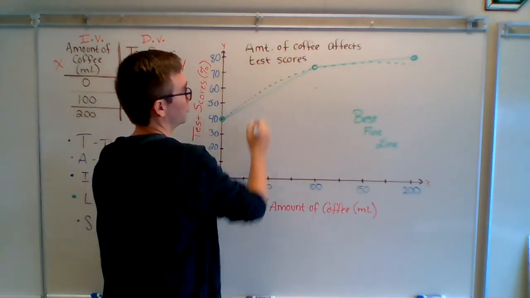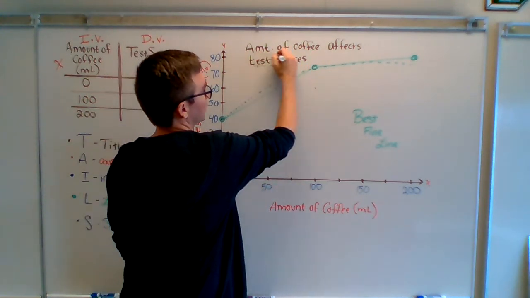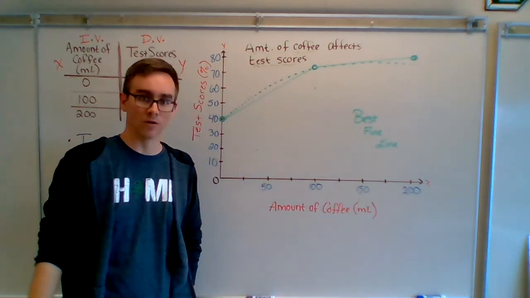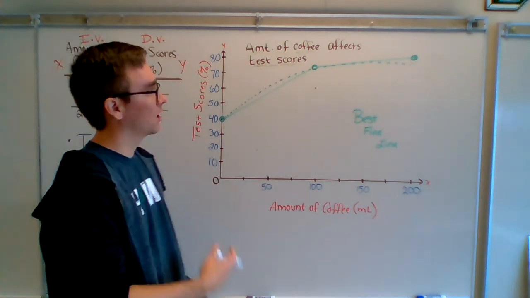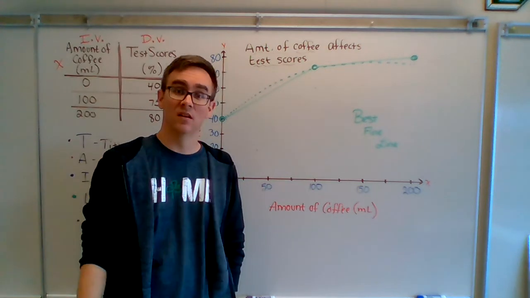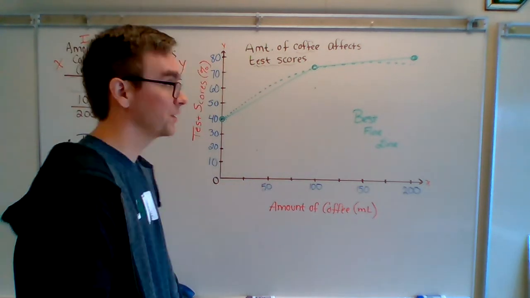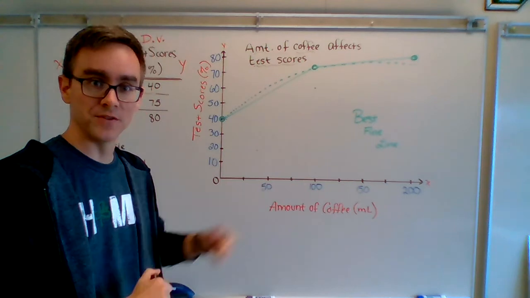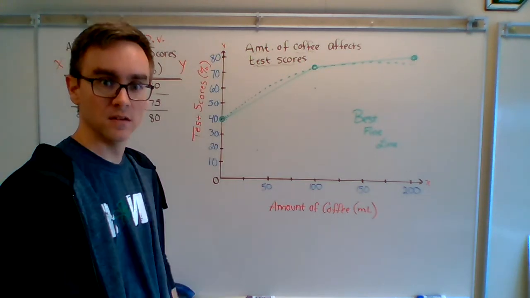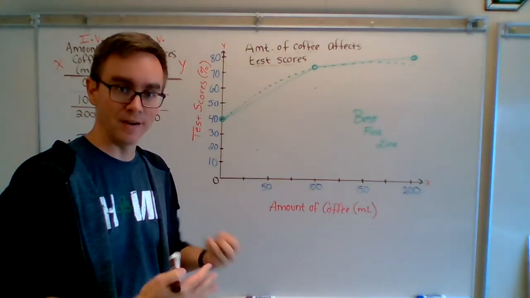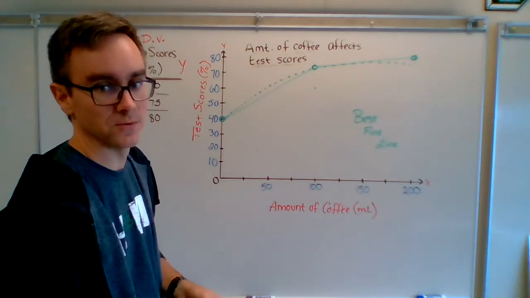Notice I included both variables in my title. We are literally trying to find that out. The whole purpose of the question is how does the amount of coffee affect test scores? If I saw this graph and I wondered what this experiment was about, I should be able to tell from the title right away: it's the amount of coffee and how it affects test scores. There's not really ambiguity about what this was about.